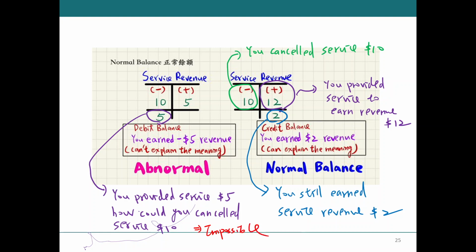Okay. So did you find out? The normal situation usually should be on the increase side, because on the increase side you could explain the meanings. Okay?